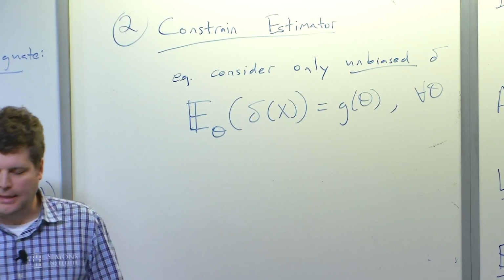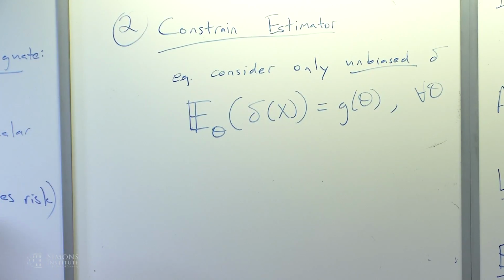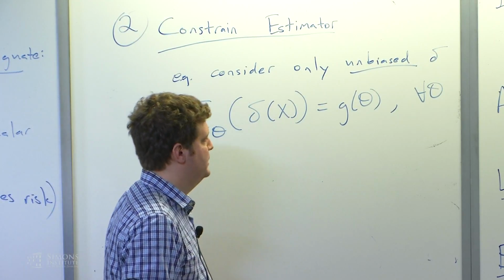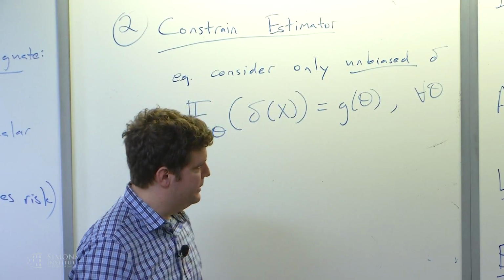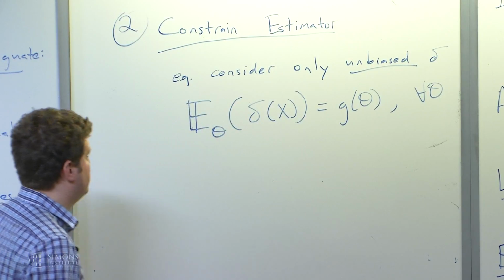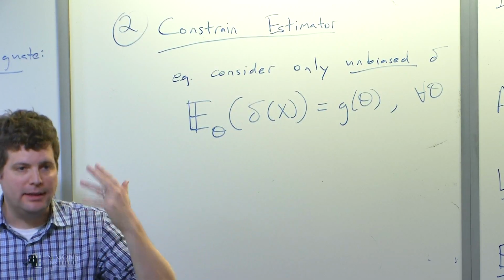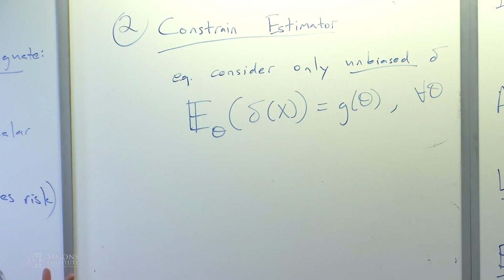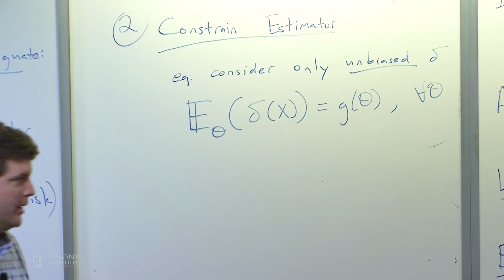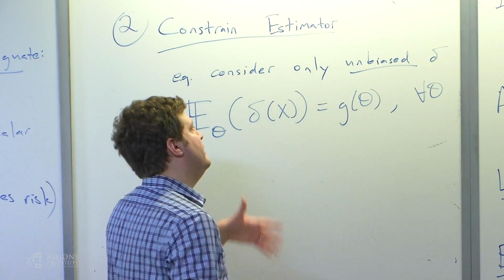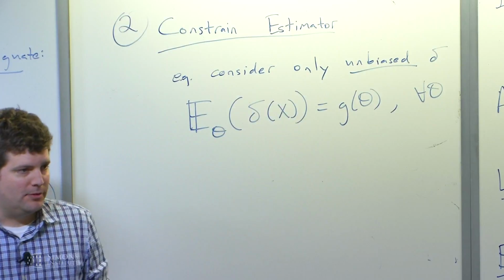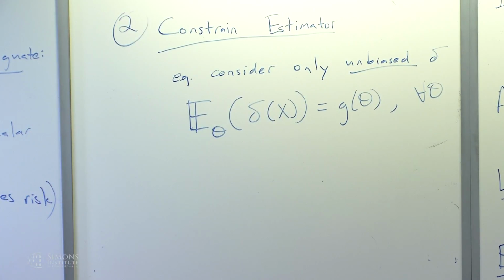And it turns out that there are a lot of problems where, if we only make this requirement, then there actually is one estimator that is uniformly better than all other estimators. And depending on the problem, people sometimes find this to be a natural requirement.